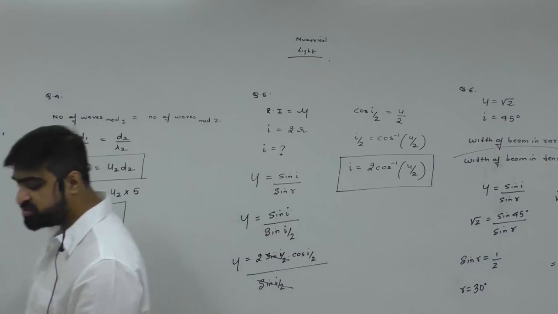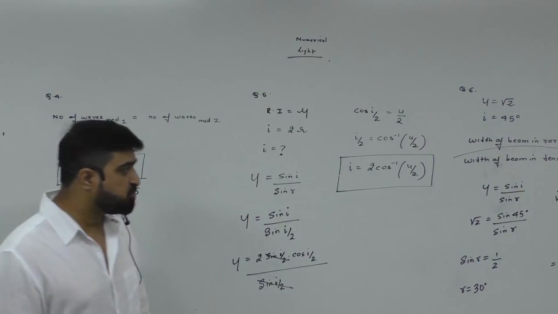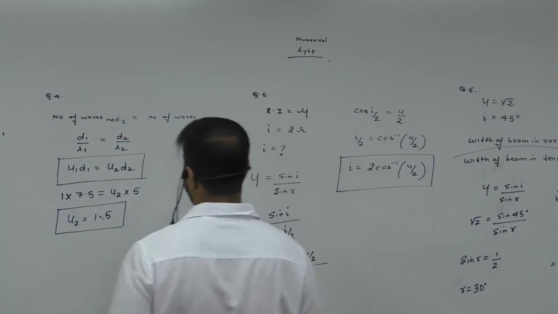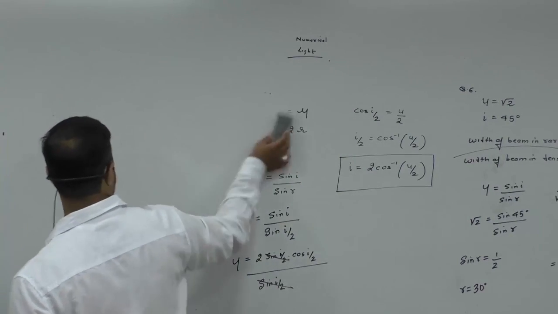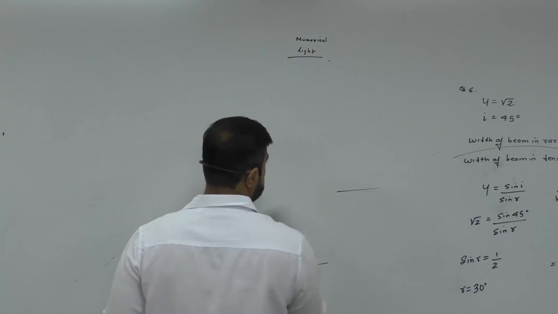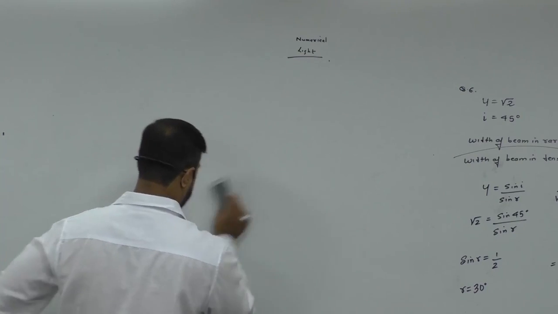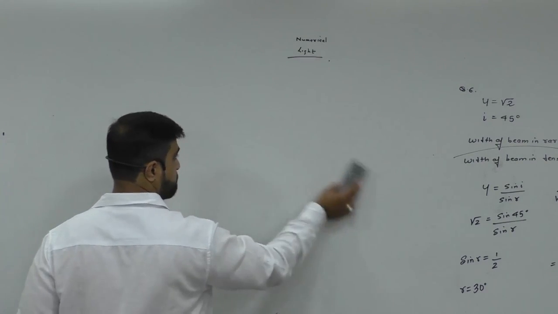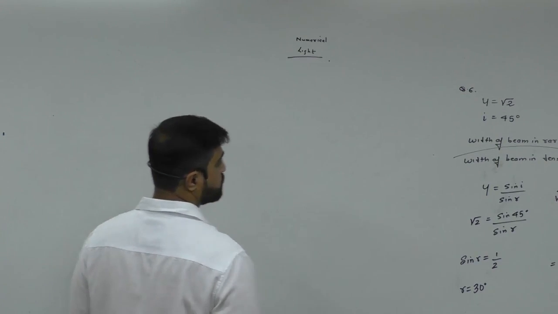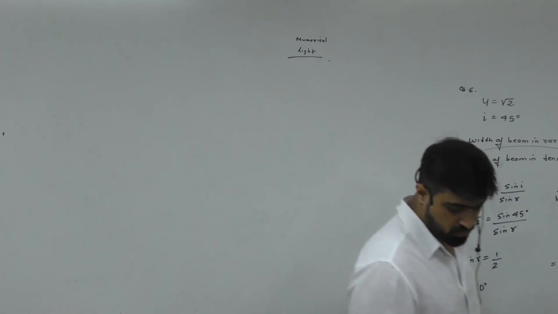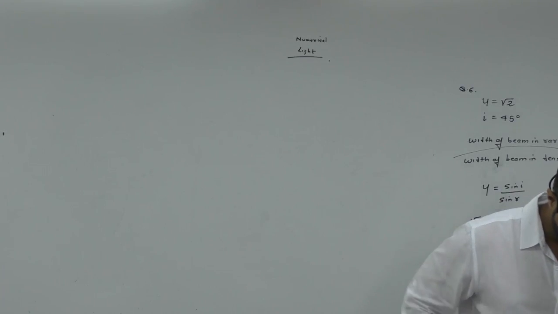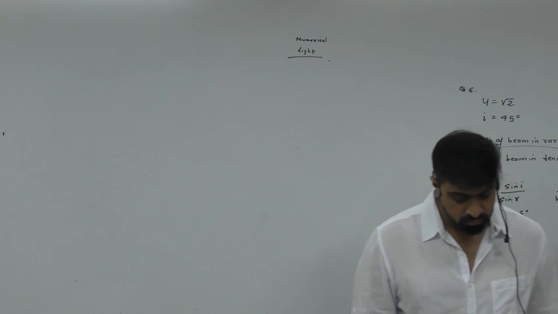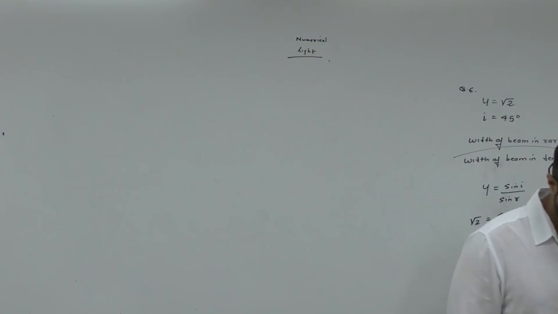Width of beam in rarer to width of beam in denser is cos of I upon cos of R.